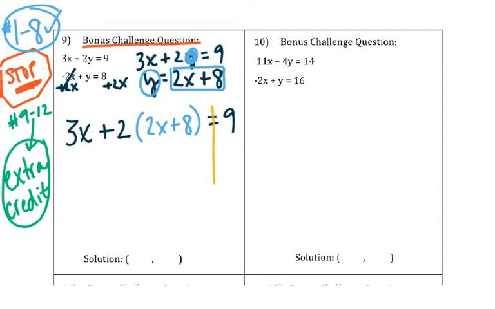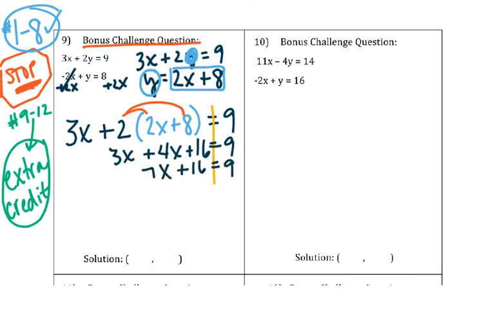Now, just like before, we're going to solve for my variable. We need to distribute to get rid of parentheses. So 3x plus 4x plus 16 equals 9. 3x plus 4x is 7x plus 16 equals 9.